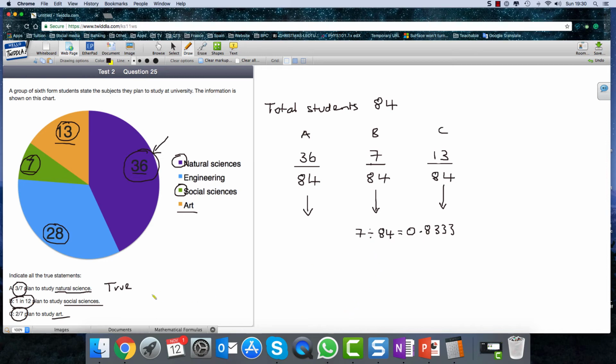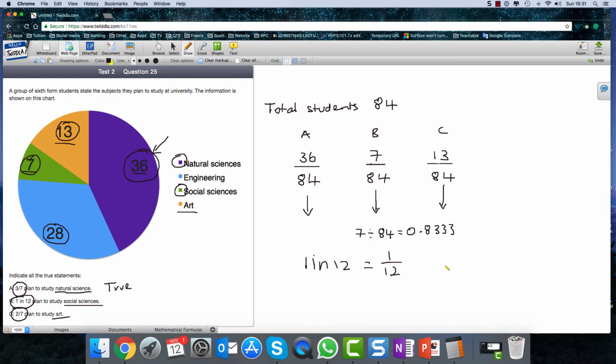Now statement B is a slightly odd way of writing stuff when it says 1 in 12. 1 in 12 is exactly the same as this. The best way to think about it is if you were doing a test and you did 12 questions and you got one of them right, another way of saying that is that you got 1 in 12 right.